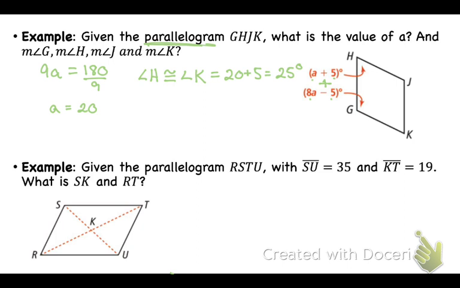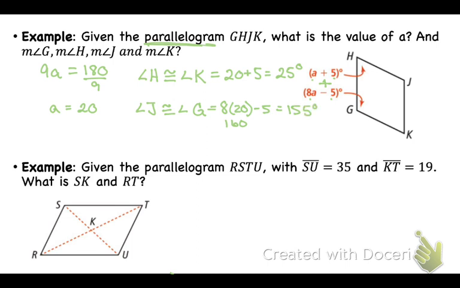Okay. Angle J is congruent to angle G, which is equal to 8 times 20 minus 5. And probably should write 20 and not 2, huh? If I want to get the right answer. Okay, so 160 minus 5 is 155 degrees.